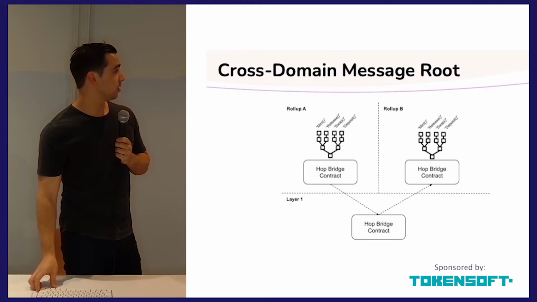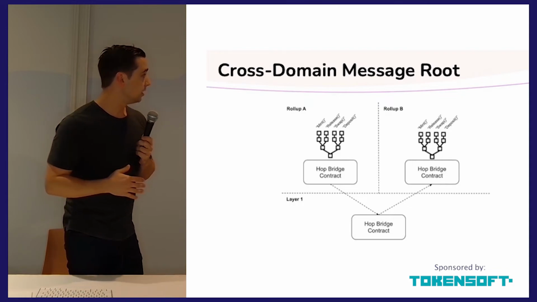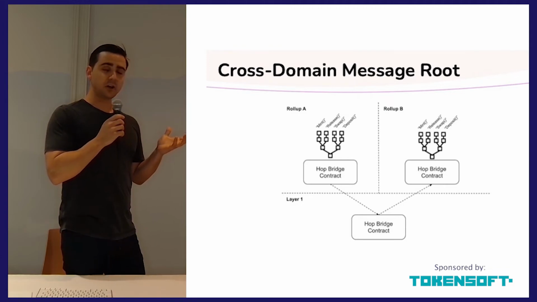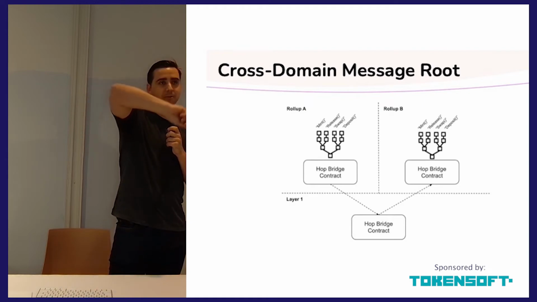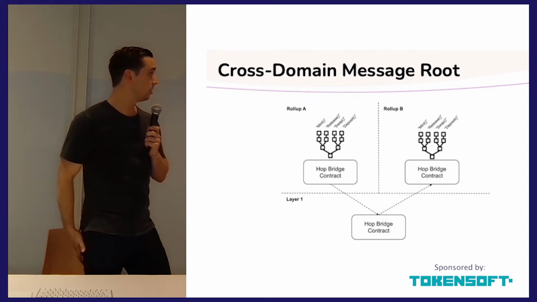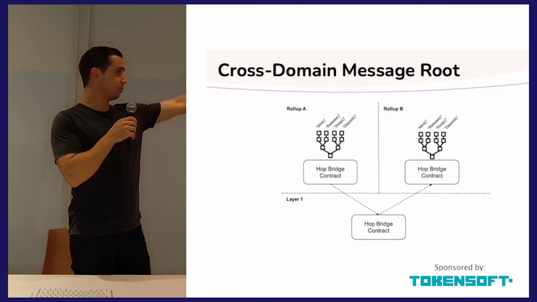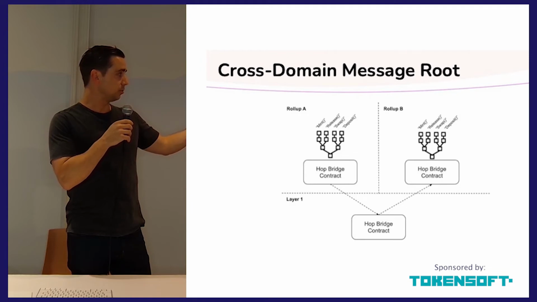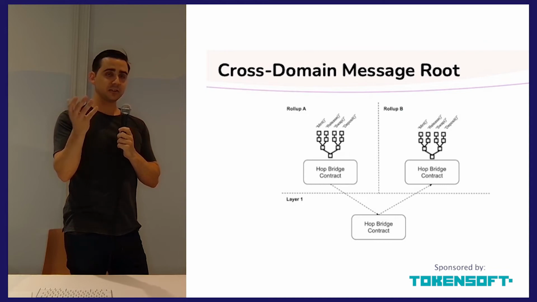And then there's one more piece very similar to what I just described, which is how it's checkpointing the state. But this is a practical example that shows Hop's more efficient than people just sending transfers over on their own. What you can see in this picture is, again, Optimism and Arbitrum on one side. And what happens here is that Hop takes a bunch of different transactions and hashes them all into a root. That little diagram you see at the top basically says, here are 4 different transactions.